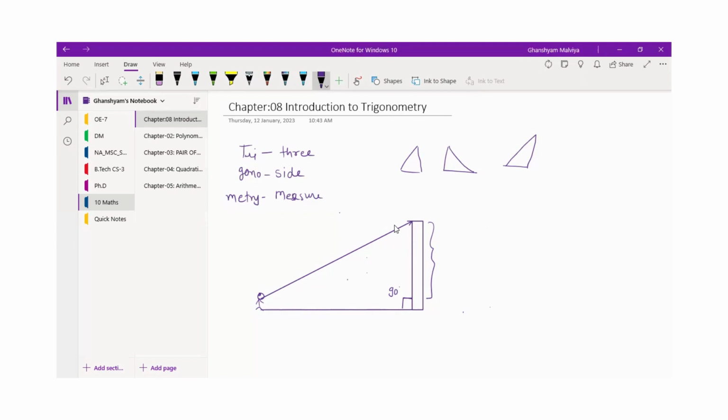That is the kind of concept we can learn here, using the angle.